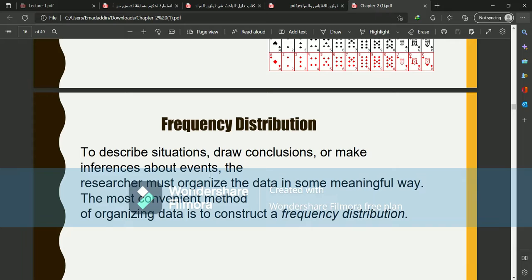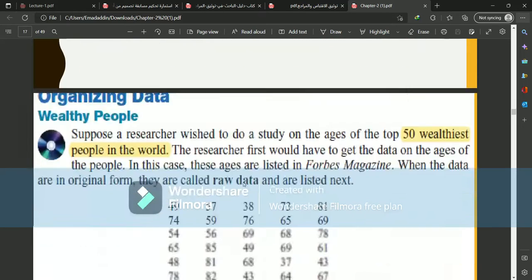That is the meaning of frequency distribution.